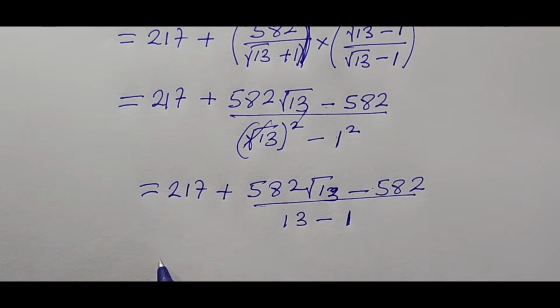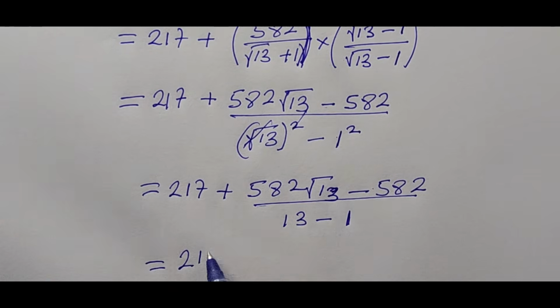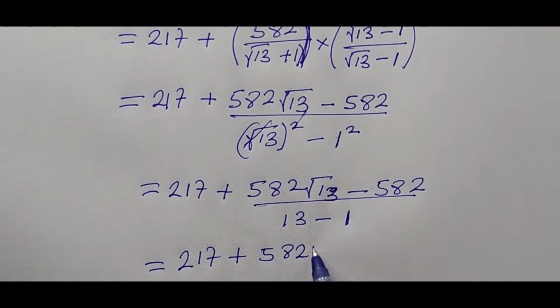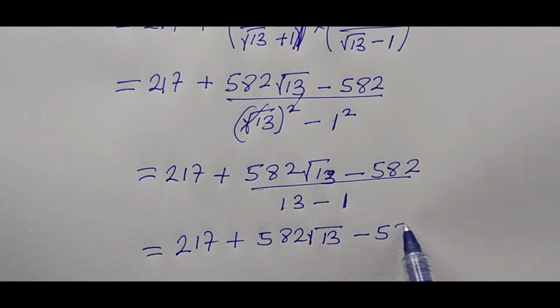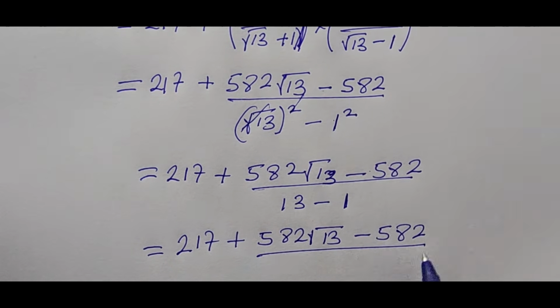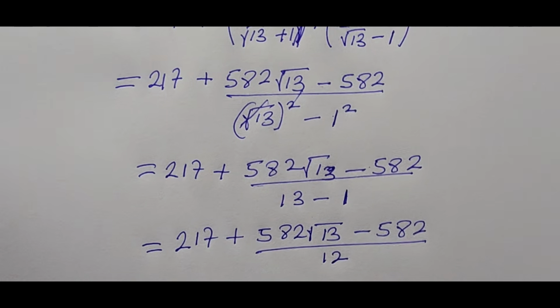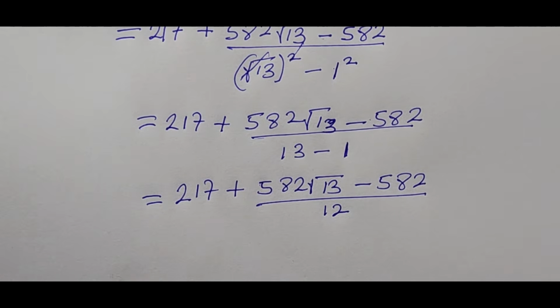So from here, we are now left with 217 plus 582 root 13, then minus 582 all over 12. So we can find the LCM of everything.